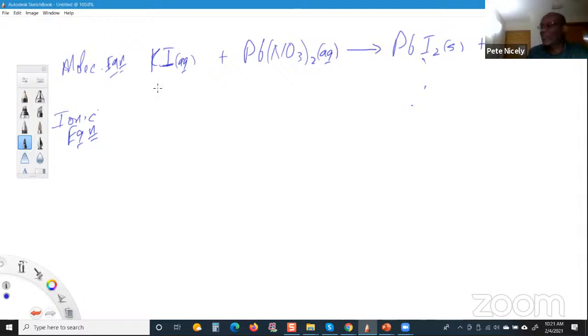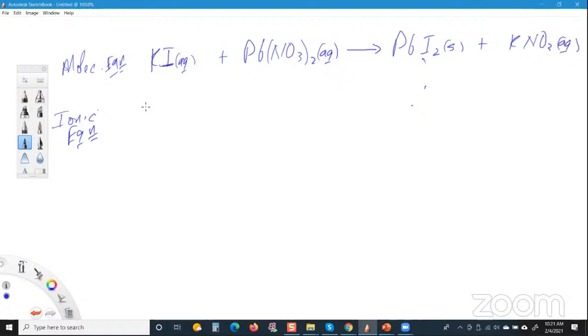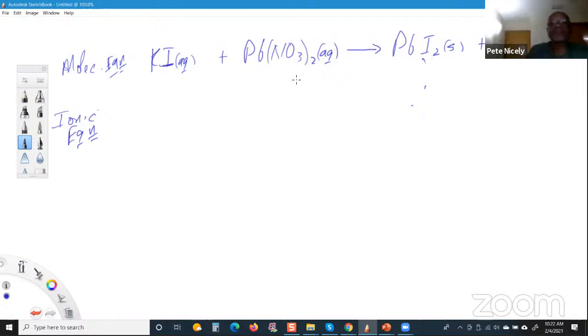So how do we balance this molecular equation? Anybody? How do we balance this molecular equation? There are 6 oxygens at the left, isn't there? Yes, sir. Right here, yeah.